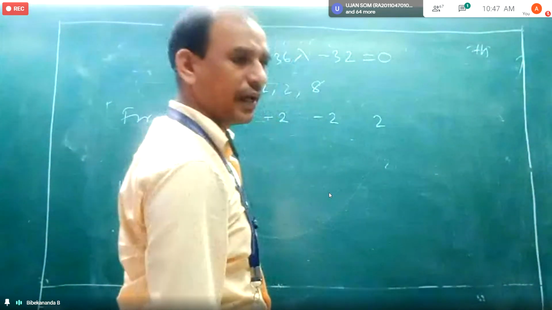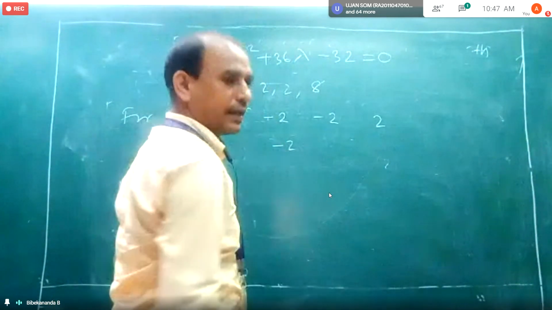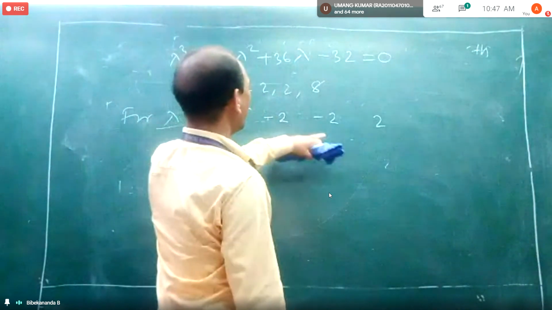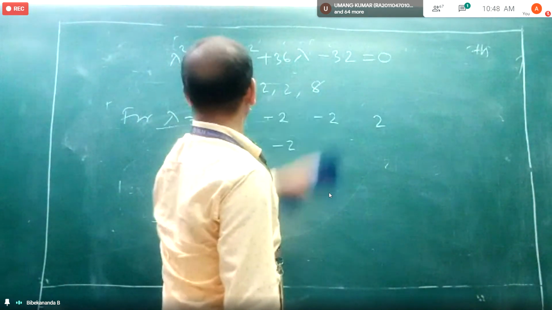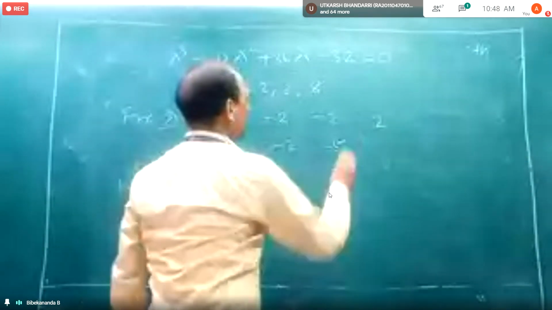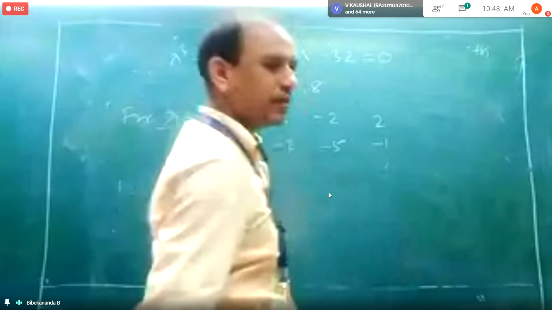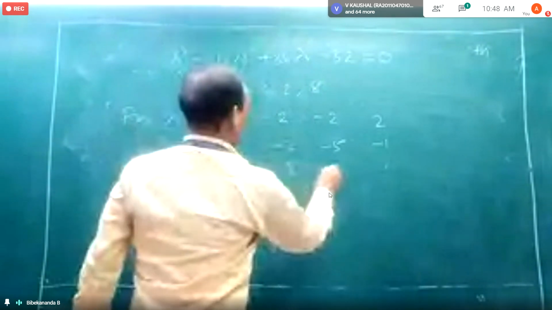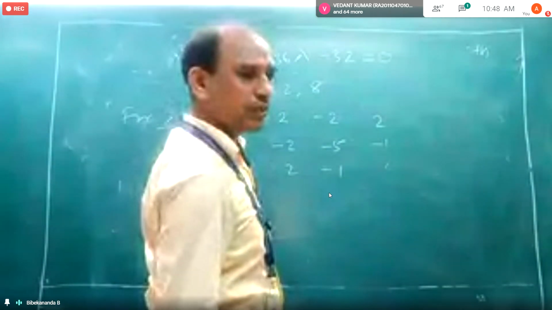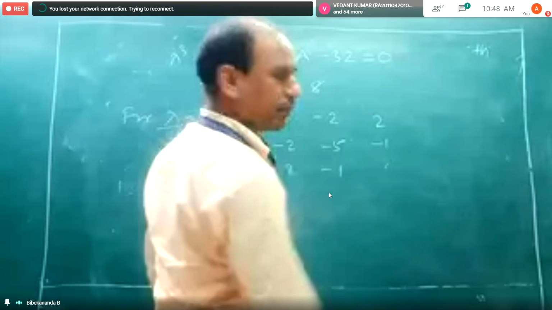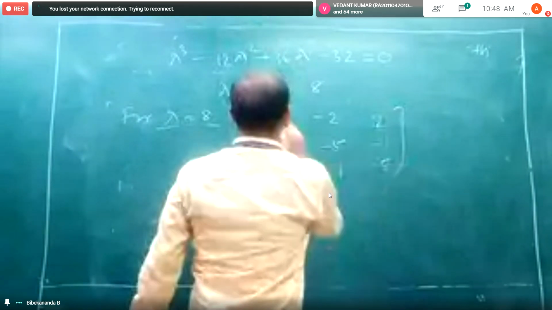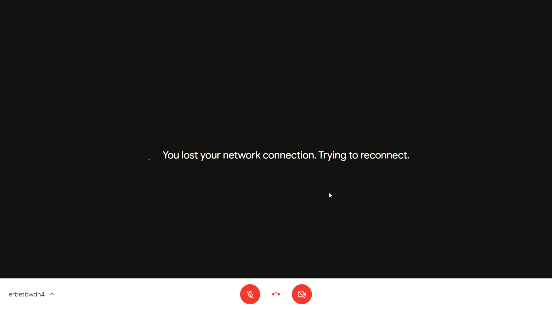And the second row will be minus 2 and 3 minus 8, 3 minus 8 is minus 5, and then minus 1. Third row will be 2, minus 1, and next one will be minus 5, into x1, x2, x3 is equal to 0, 0, 0.